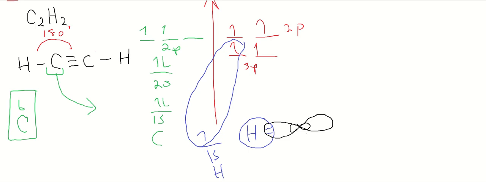Okay, so I'm going to do this one more time for the central carbon on the right. I'm just going to write sp and draw 2 of them, and those are my 2 unchanged p orbitals. And those are my 4 valence electrons for the central carbon on the right.